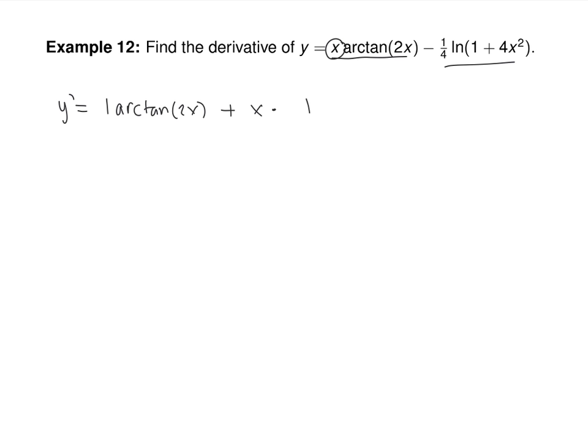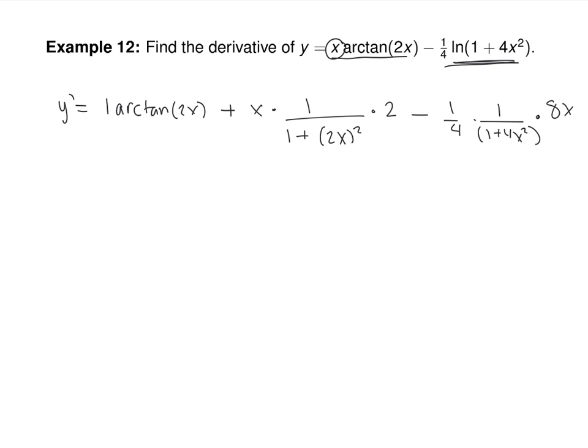Multiply by 1 over 1 plus 2x squared, because the 2x has to go in for that spot, times the 2 from the chain rule. Does that make sense? Okay, minus, next part, a quarter. What's the derivative of ln of that stuff? It'll be 1 over stuff.